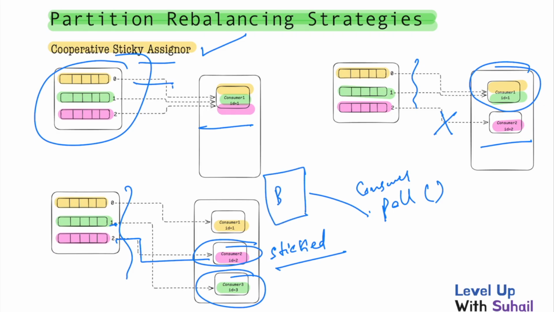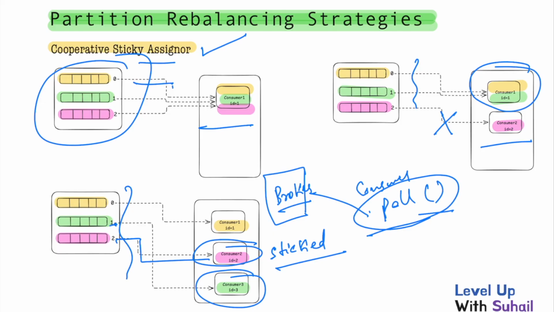At this moment, the broker would see what the condition of the partitions is. Is this consumer new or is this consumer old? Based on that, it would reassign or rebalance the partitions. So on the poll method, the partitions are reassigned and rebalanced. This is a very important point to note.